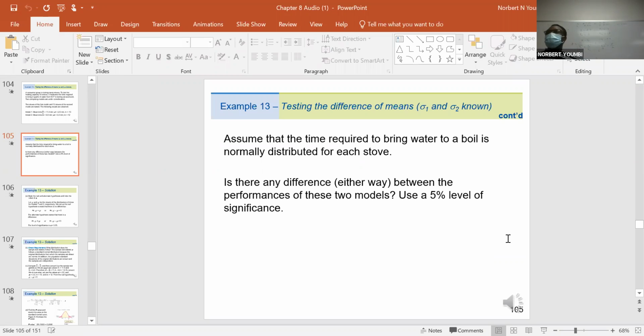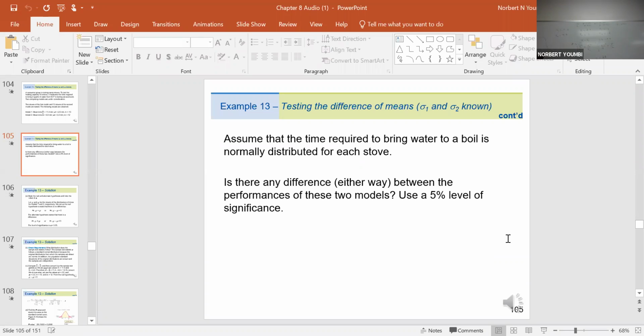So does anybody have a test value? 1.279, we will just write 1.28. Just to refresh our memory, the test value is 1.28.